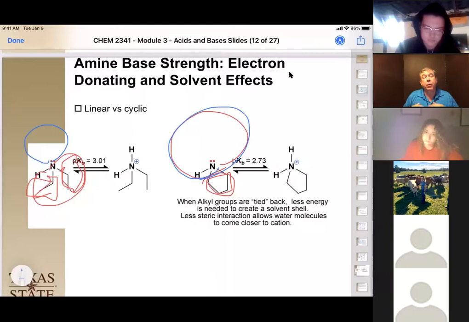Therefore, it's going to be more basic. Okay, so everything about how much solvent or how much stuff can interact with that amine nitrogen and that lone pair increases the basicity of the system. So when we have a smaller group, we have an increased basicity.